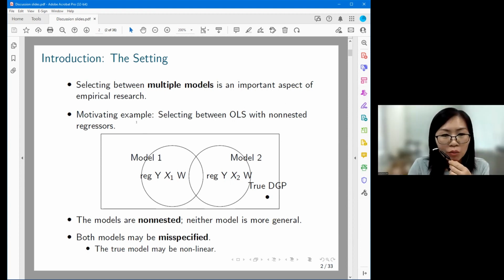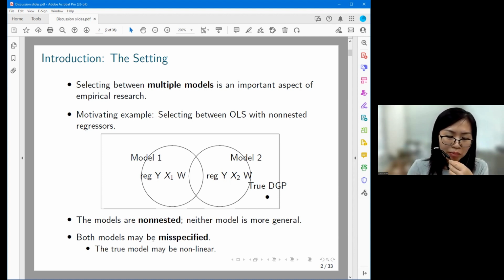One motivating example, which is also the empirical application, is to select between two linear regressions with non-nested sets of regressors. For example, model 1 is regressing y on x1 and some control variables, and model 2 is regressing y on x2 and some control variables. And you're trying to decide which model is better according to some criteria.